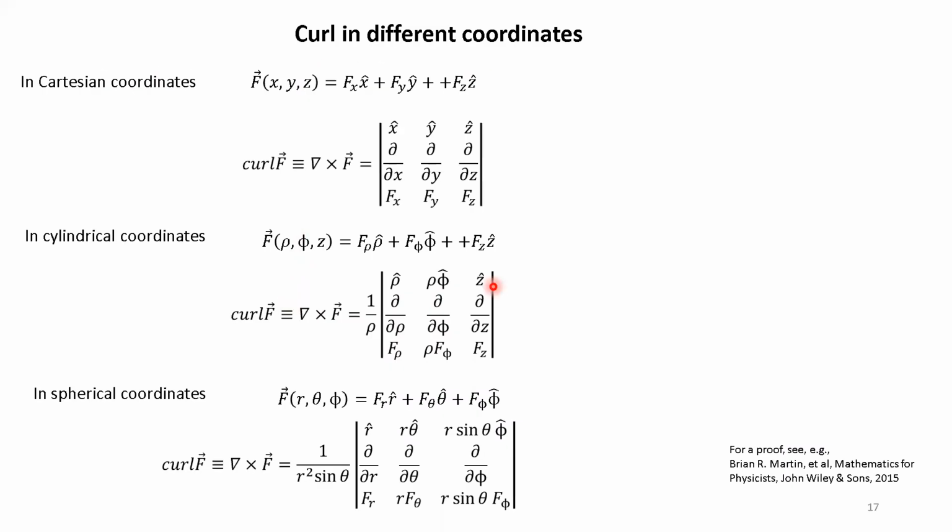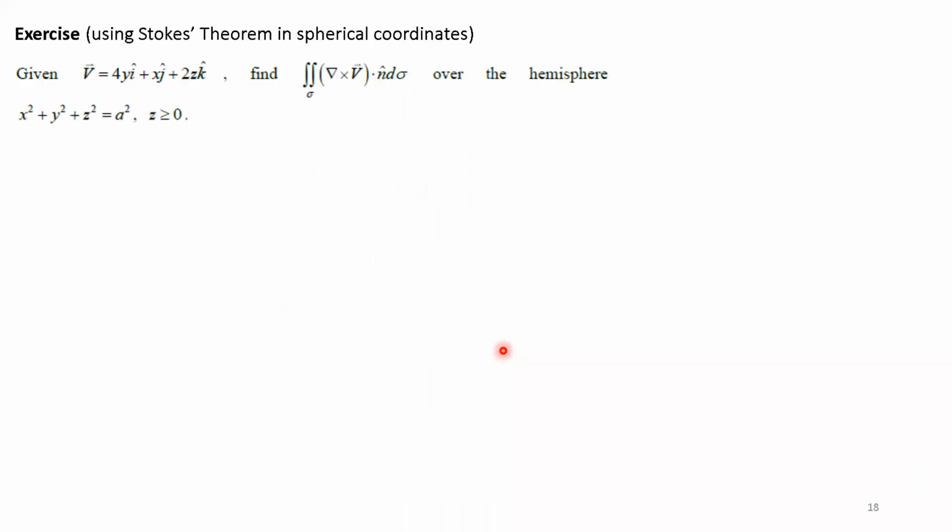As I said, I don't have much to explain for these two items. I can give you a vector field, and then you just follow one of these formulas to take the divergence or curl, depending on the coordinate system we are talking about.